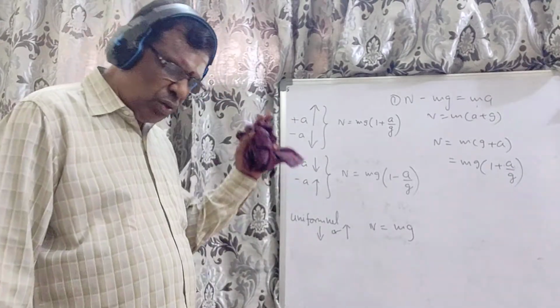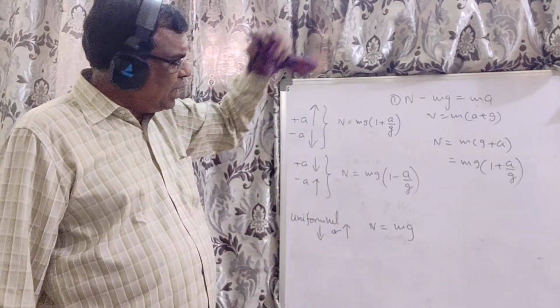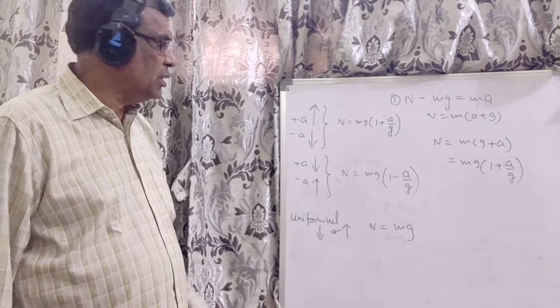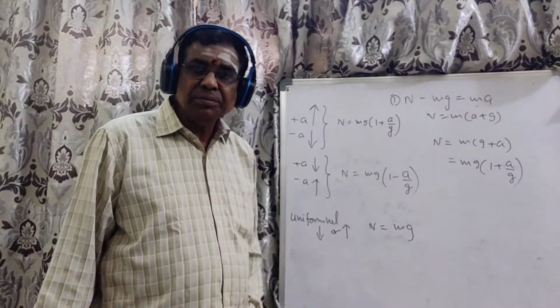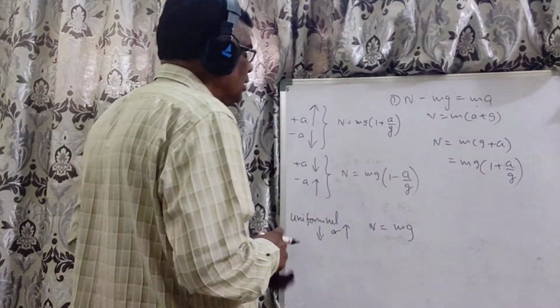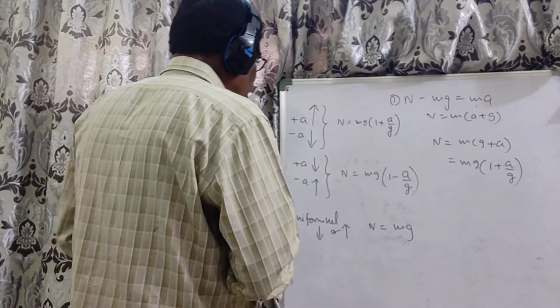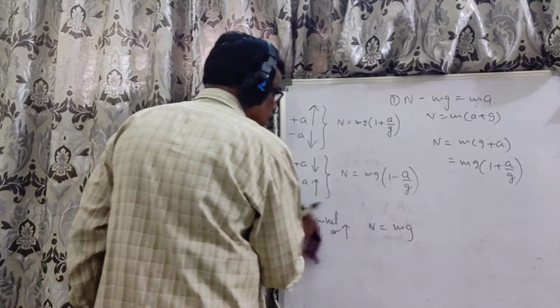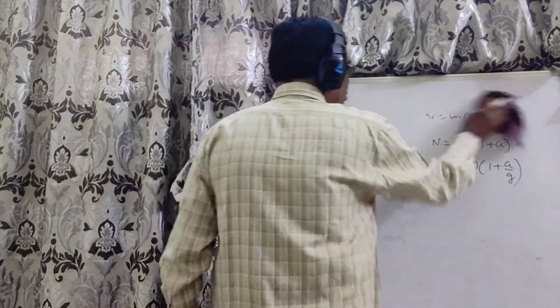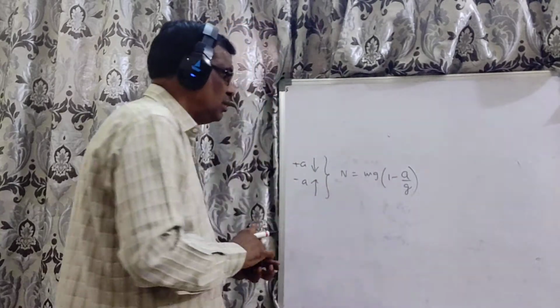When it is moving with uniform velocity, whether it moves up or down makes no difference and N will not change. This is how you have to understand non-inertial frames. Now a peculiar case arises. Look at the second one. What do you get?